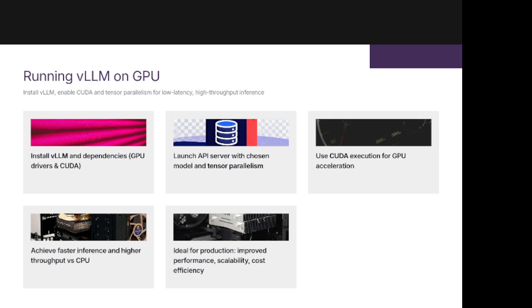Now, before we get into the pros of using the combination of vLLM with the CPU, we need to understand what we attain when we run vLLM on GPUs. The primary focus of vLLM is to run on the GPU and CUDA-supported systems.